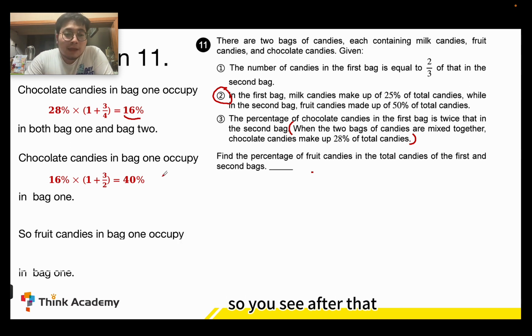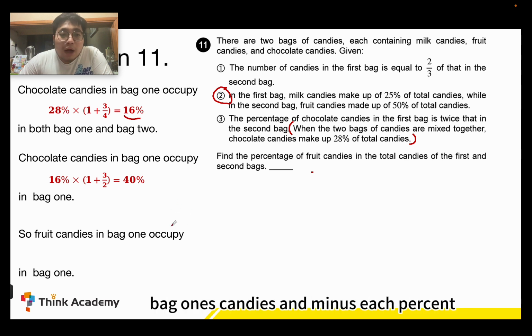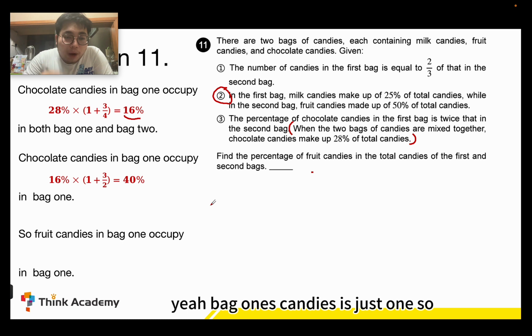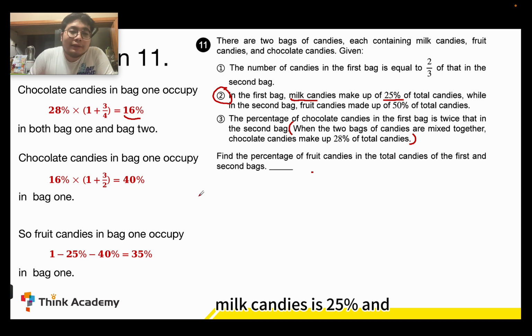So after that, the fruit candies in bag 1 is just bag 1's candies minus each percent. Bag 1's candies is just 1, so 1 minus, you see, milk candies is 25%, and chocolate candies is 40%. So the remaining part is just fruit candies.